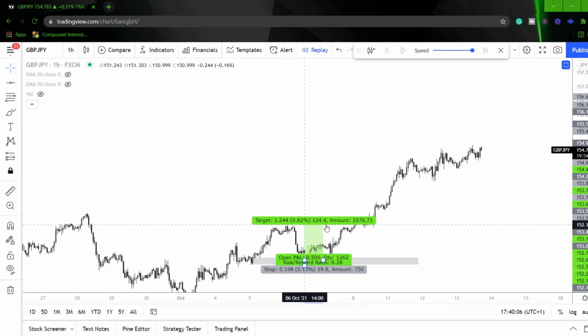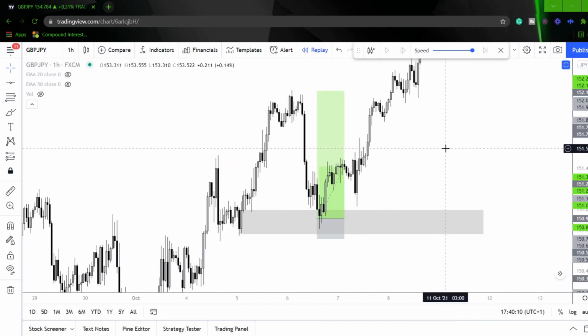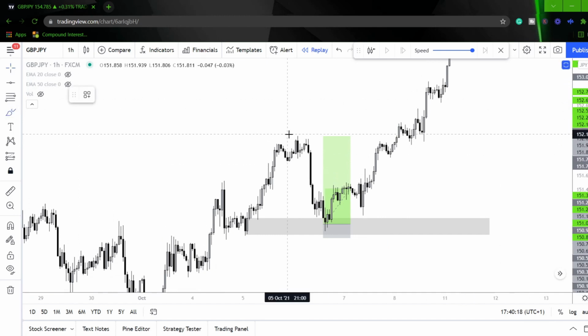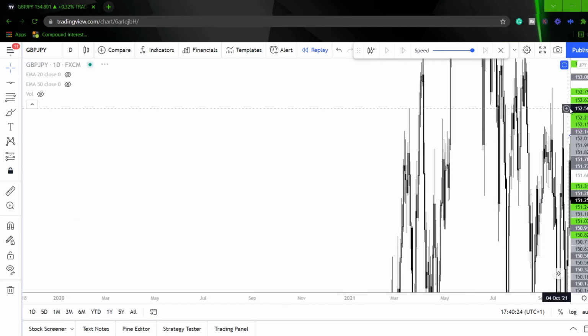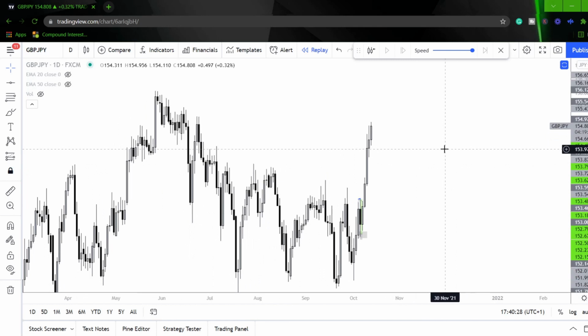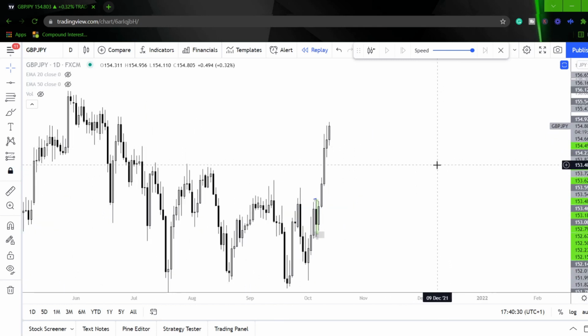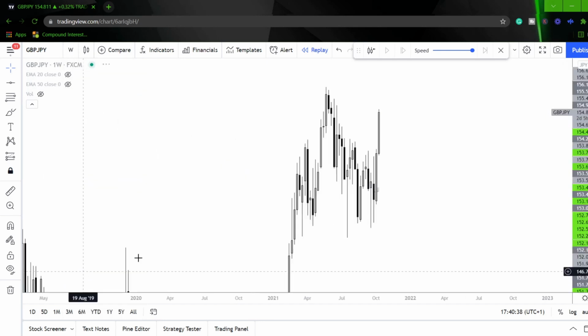Alright, so another way that you can manage your trades is like this, okay? So instead of rolling a stop loss, you can just take partials or partial profits at different price points, okay? So let's say that this is our first area of liquidity, right? And we want to target that, and then we want to move out to a daily time frame or a higher time frame and identify some higher levels on a daily time frame or even a weekly, okay?